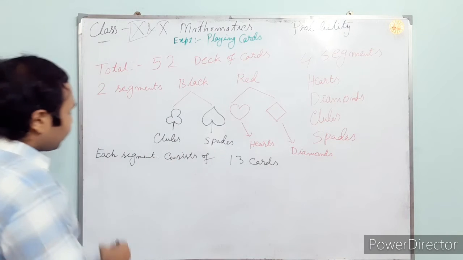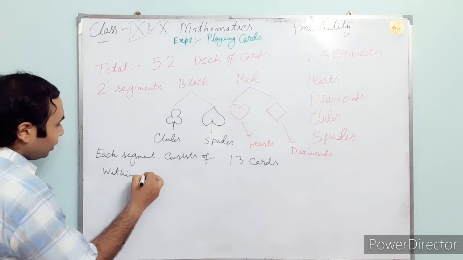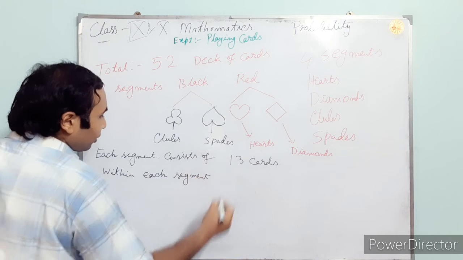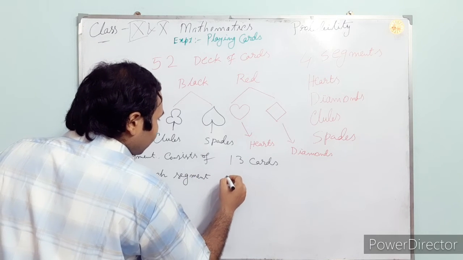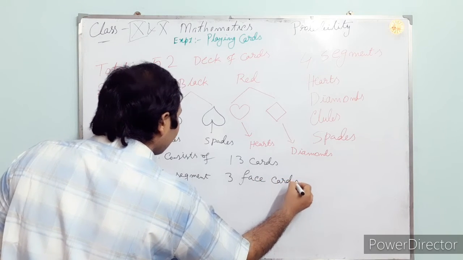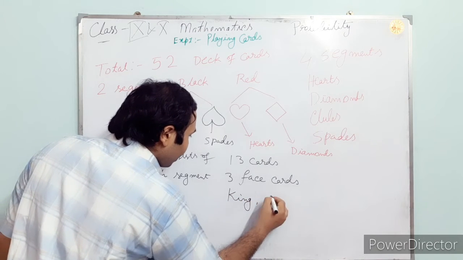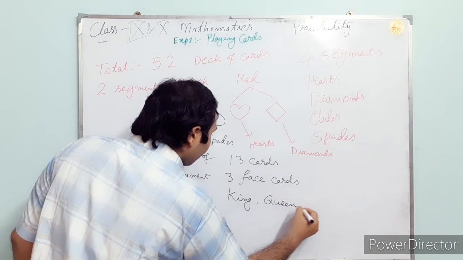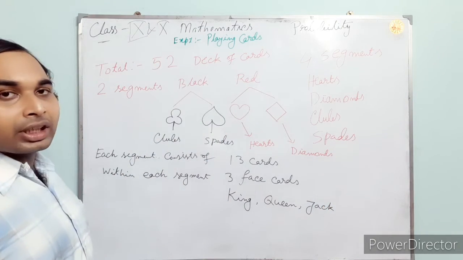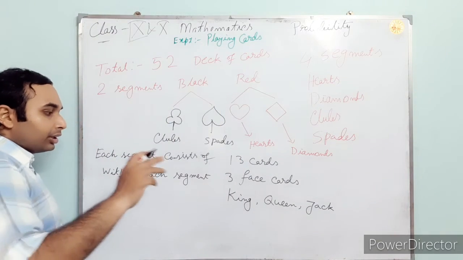Within each segment, 3 face cards are there. What are those? King, Queen and Jack. For each segment 3 face cards are there, so for a total of 4 segments 12 face cards are there.